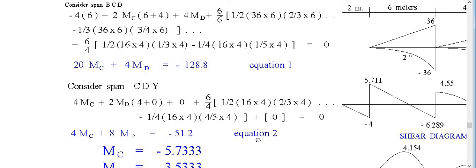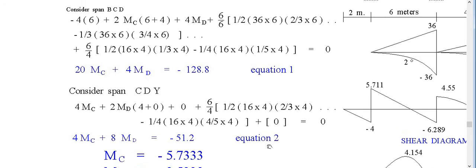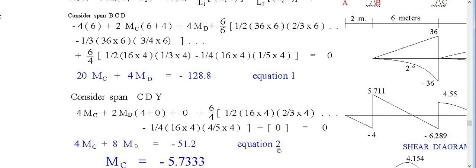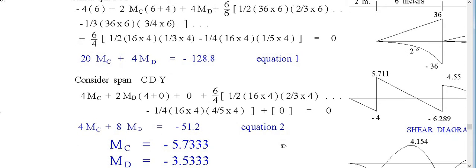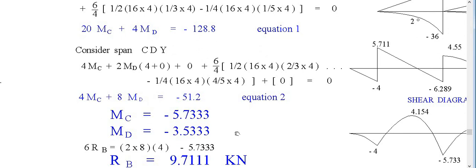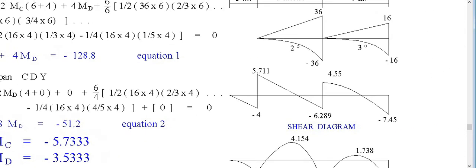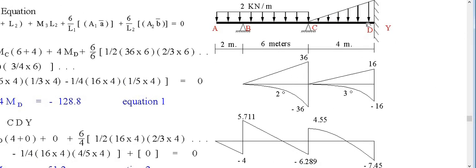So equation 2, these two, equation 1 and equation 2, solving by simultaneous equation, MC becomes minus 5.7333. MD is minus 3.5333. Okay, so moment here is now solved. Moment C, moment D is solved.